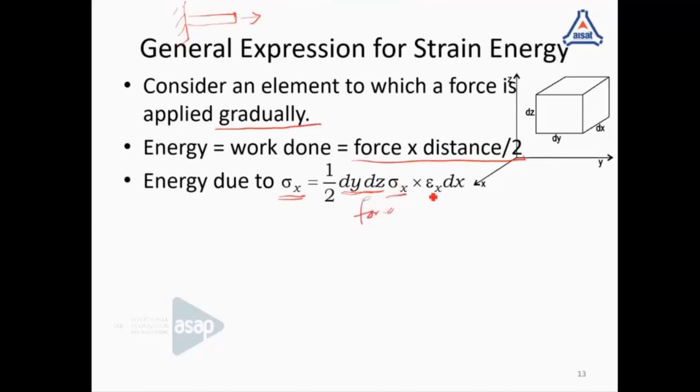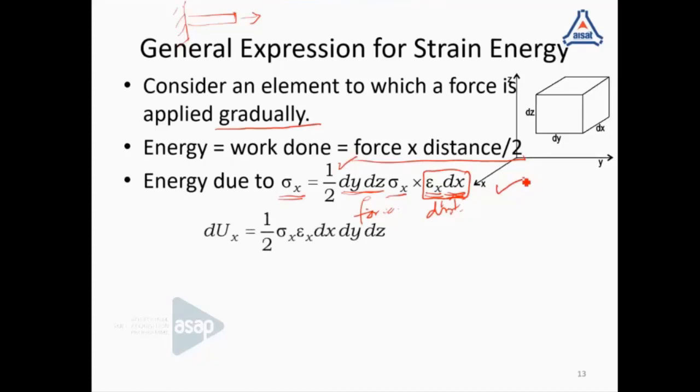Distance is the strain produced in the x direction into the length along the x direction, and these two together are the displacement along the x direction. So force into displacement multiplied by half is the energy when a force is applied gradually.